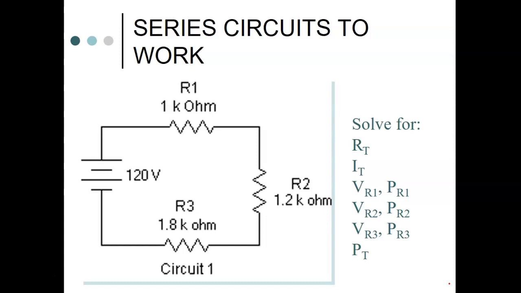So what is my current total in this case? 30 milliamps. All right, and what do I do with that 30 milliamps? Apply it to all. It applies to all parts of this circuit.